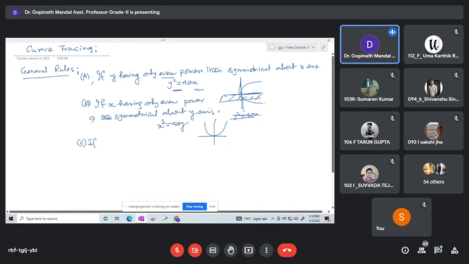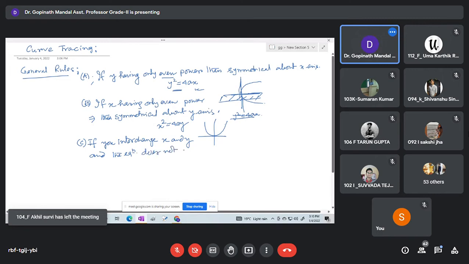And third is if you interchange x and y in the equation, and then the equation does not change, then we can say that it is symmetrical about y equal to x.